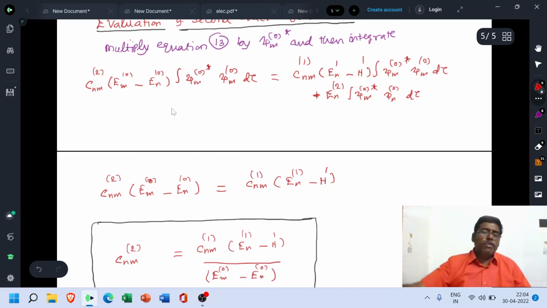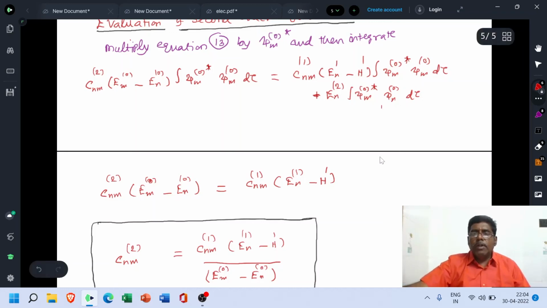Therefore Cnm of 2 (Em0 minus En0) equal to Cnm of 1 (En1 minus H1). This is our normalization condition, the value equal to 1. This is our orthogonality condition, this value equal to 0. This integral vanishes.